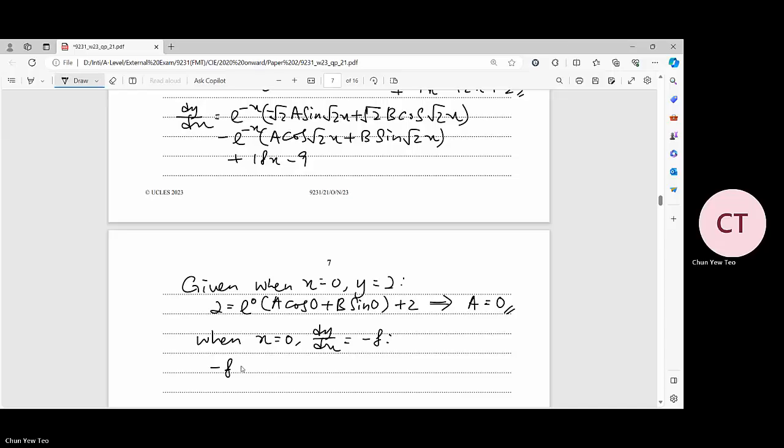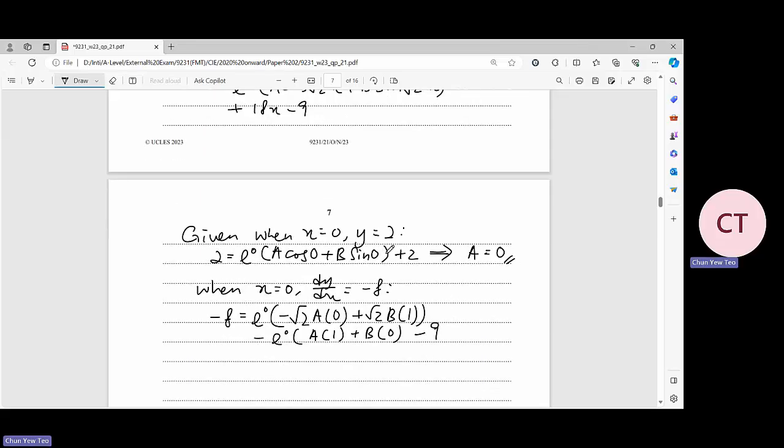Then you will get e to the power 0 times (negative root 2 a times 0 plus root 2 b times 1) minus e to the power 0 times (a times 1 plus b times 0) minus the 9.